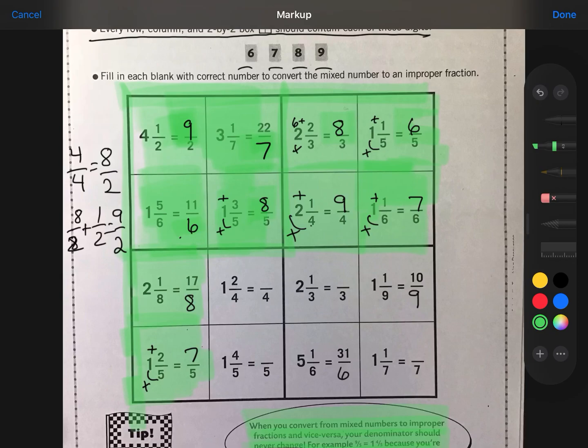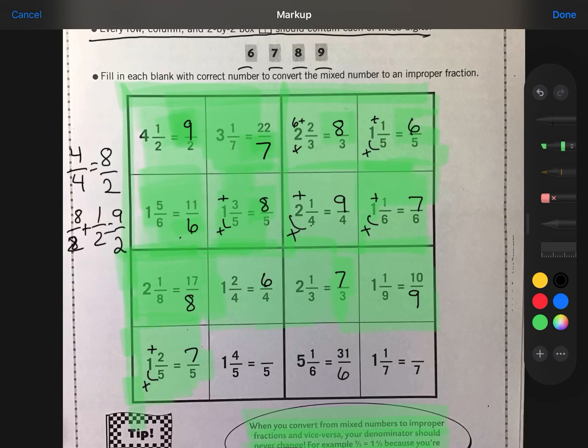So this row is correct. 4 times 1 is 4, plus 2 is 6. 3 times 2 is 6, plus 1 is 7. And we already have our 10/9. So we have 6, 7, 8, and 9. So this row is correct.